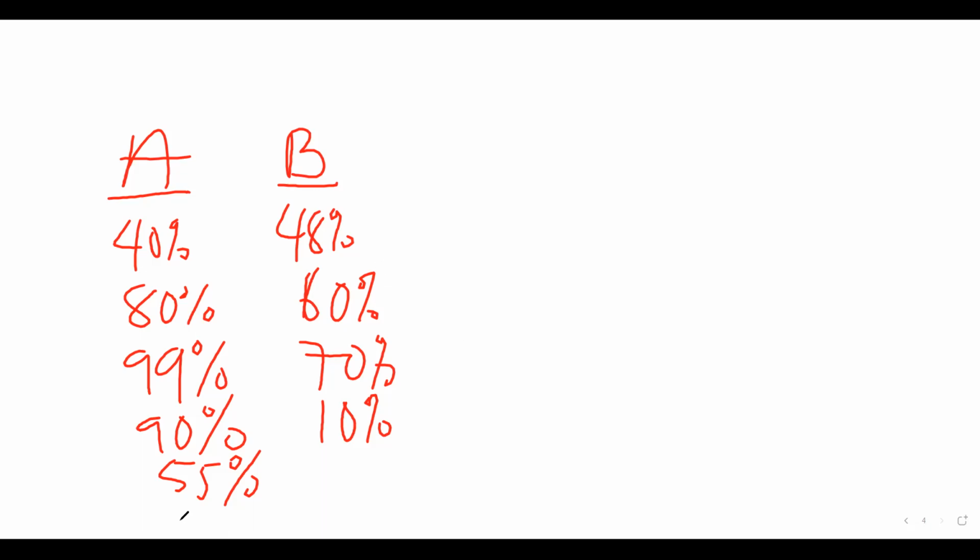Now, we want to assume that the data is not normally distributed. Remember, we are making certain assumptions: one, the data is skewed, it's not normally distributed, and the variance is also not homogeneous.